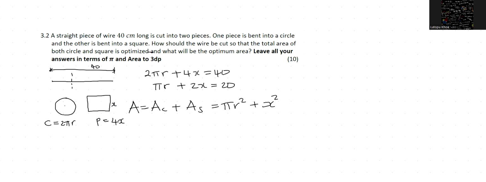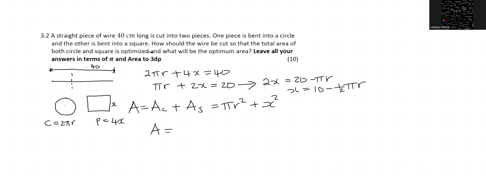So we want to write one in terms of the other. We go back to this equation and make x the subject of the formula. So 2x is equal to 20 minus pi r, and x is equal to 10 minus a half pi r.